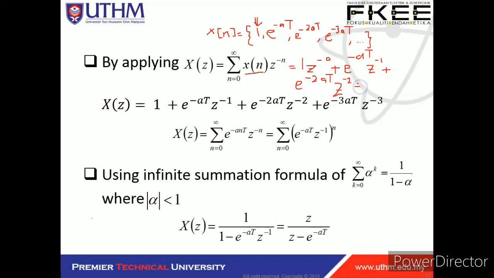And the list will continue until infinite. Okay, so we will have 1 plus exponent negative aT z negative 1 plus exponent negative 2aT z negative 2 plus until infinite.